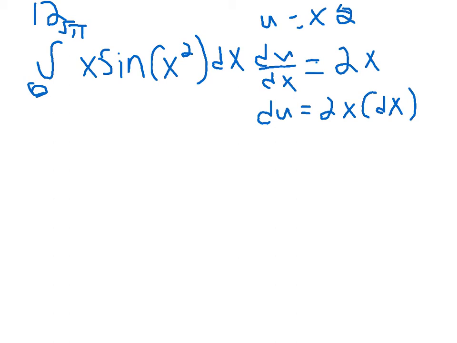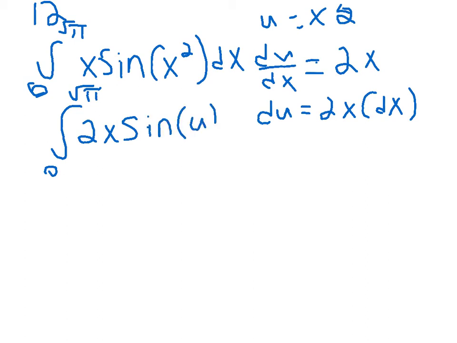Now that you have that, you can substitute the u and the du back into the original function. So from the integral of 0 to radical pi, you have 2x times sine of u dx.